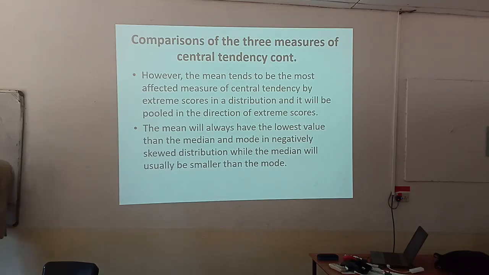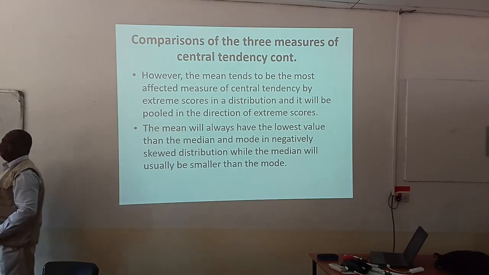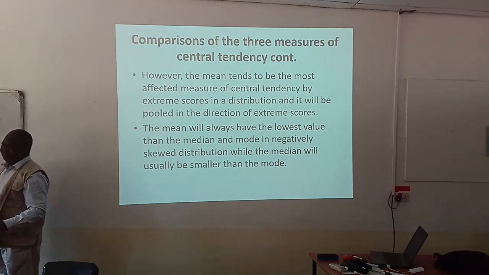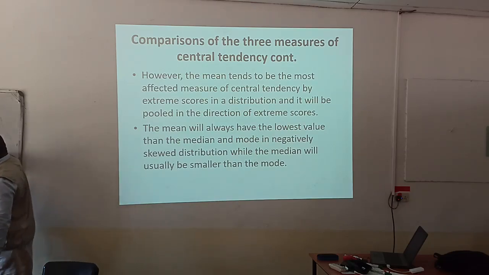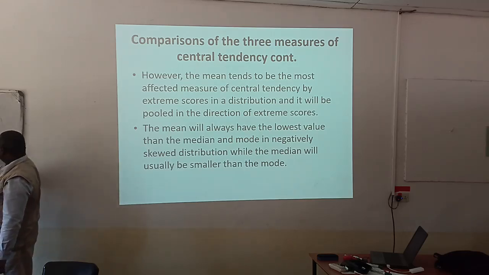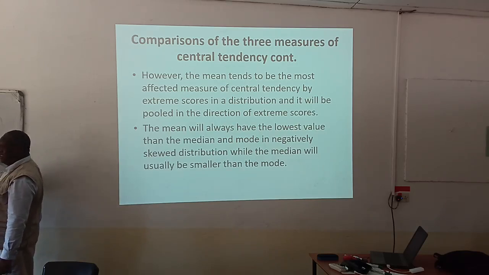The median is also affected because of the part and parcel of the 50%. So it is affected, but not as much as the mean. The mean tends to be more affected. Okay? Similarly here, the mean is more affected by those extreme scores. The median is affected, but not much. The mode will still remain where the most frequent score is occurring.